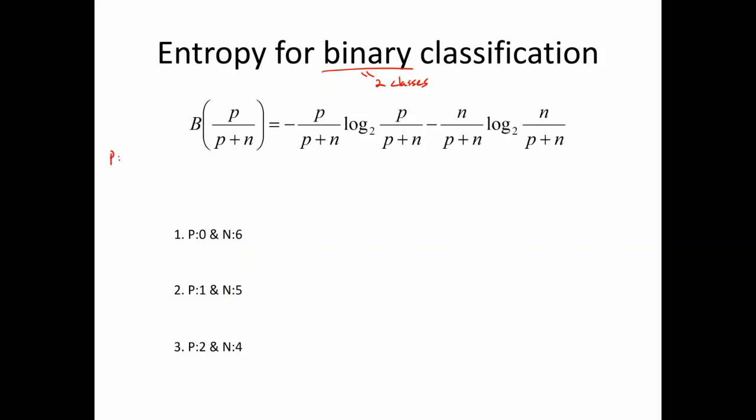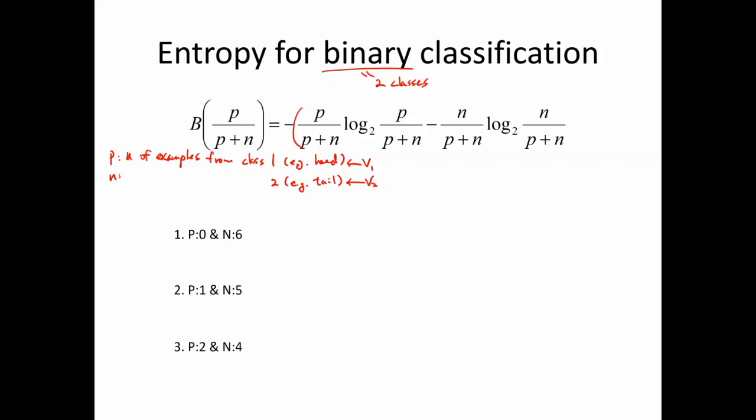And P is the number of examples from class 1, for example, head in the coin example. And N is the number of examples from class 2, for example, tail. And let's say this is the first value our random variable can take on, and this is the second value our random variable can take on.